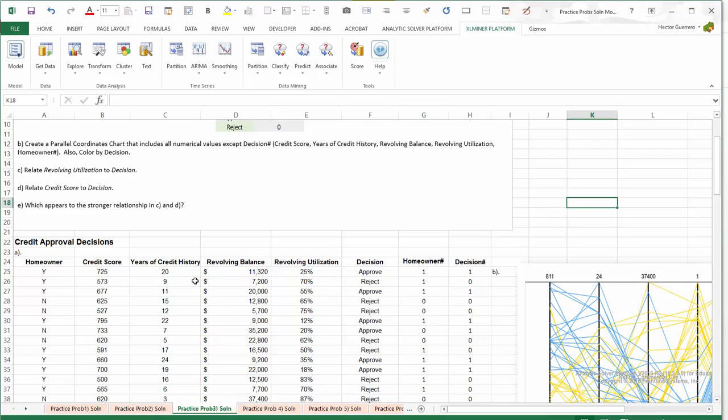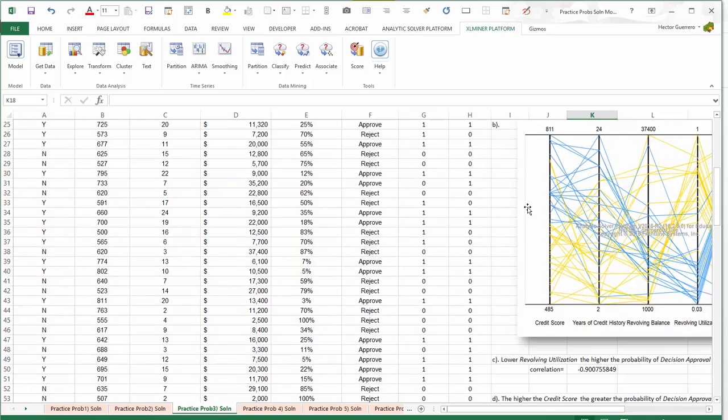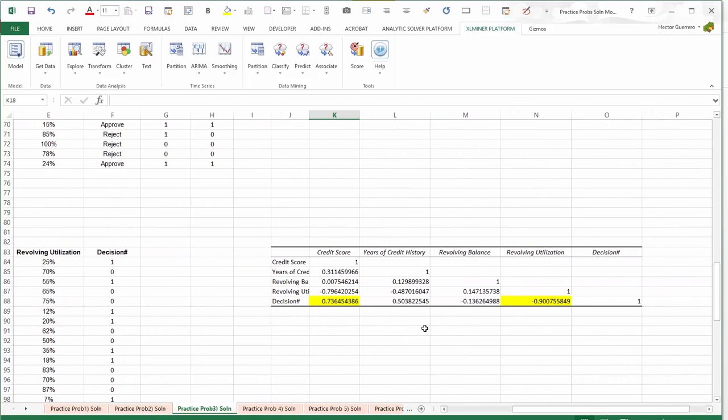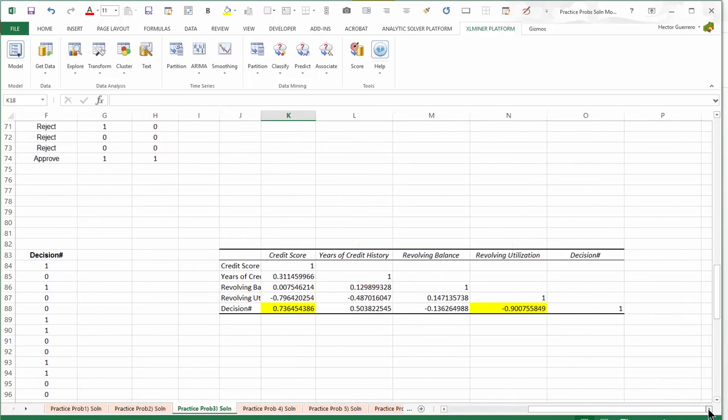So I'm going to take my data here, and I'm going to bring it down here into a more concentrated format. Here are all of the numerical decisions that we had up here, including decision number, all put together. And the reason I need them together is because I'm going to create a correlation matrix. Here's a correlation matrix that we can see has been created.